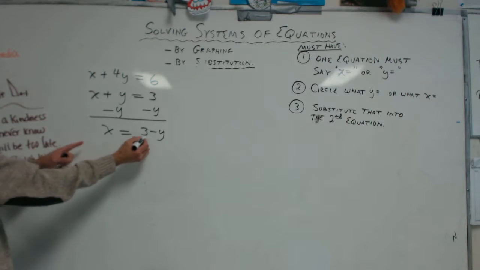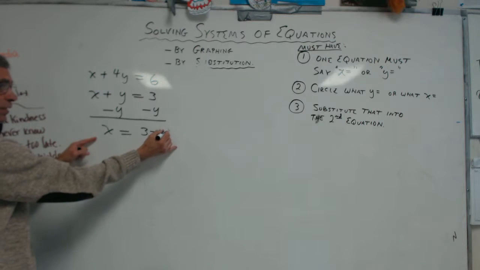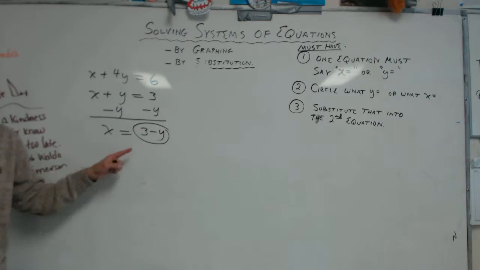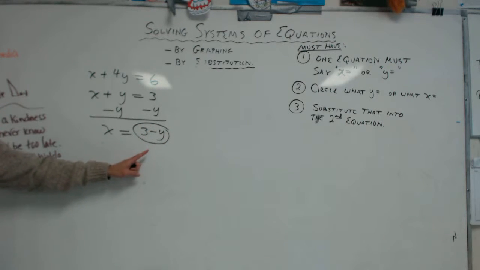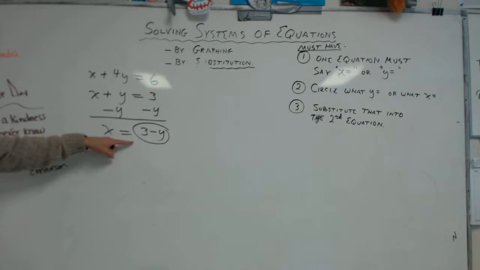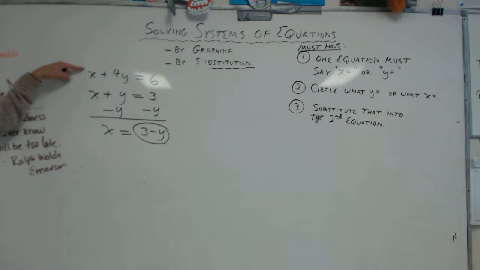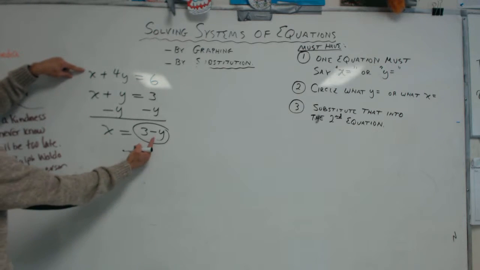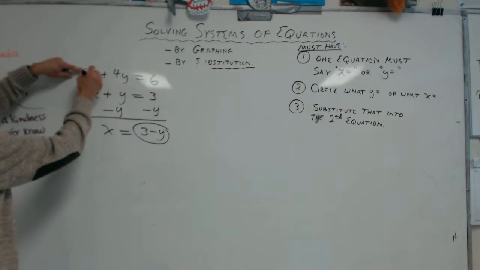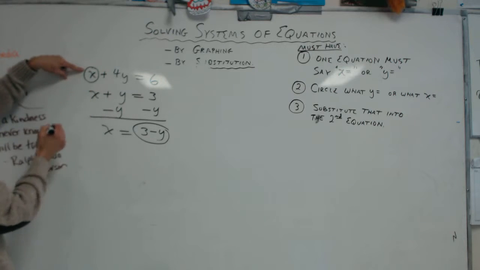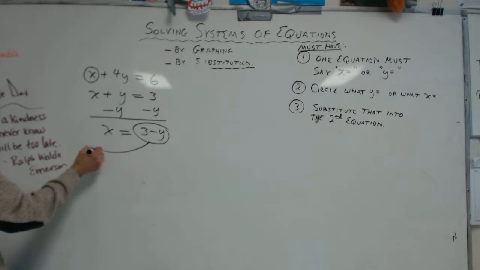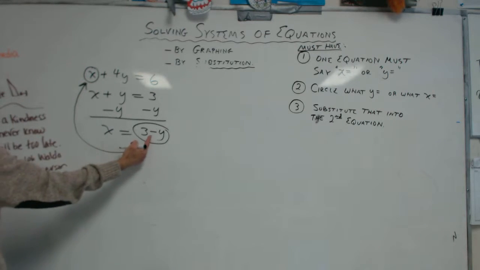So now I see x equals 3 minus y, this is the same thing as x. Since I got this from this equation, I've got to go up to the other equation. And since I found out what x equals, I've got to circle my x and replace that x with this.